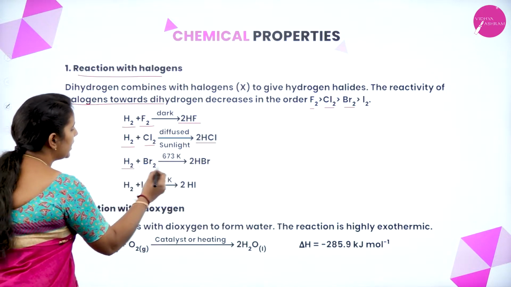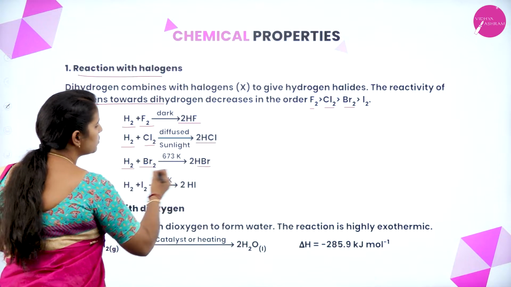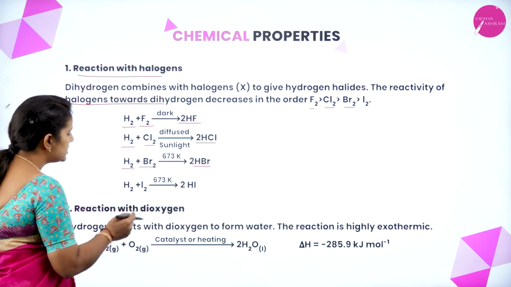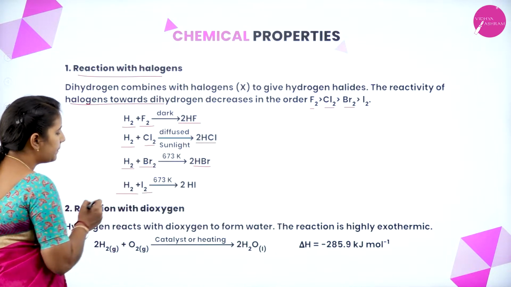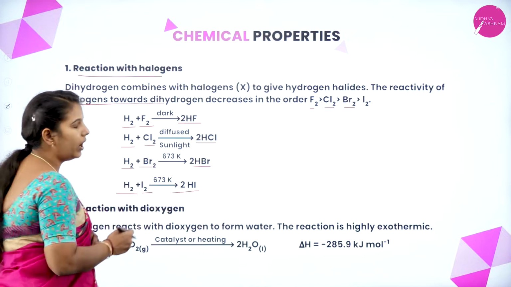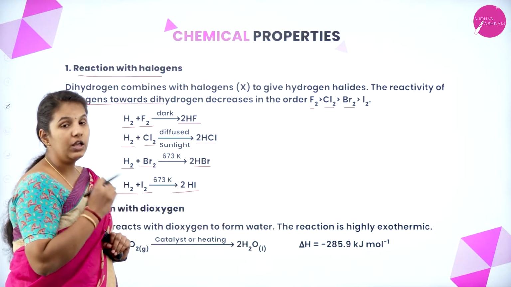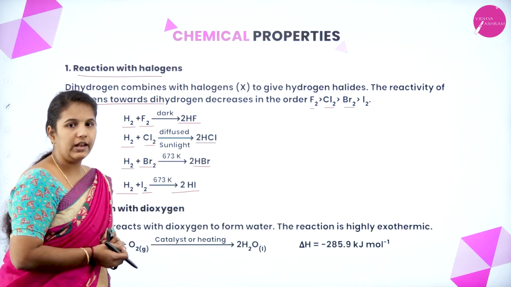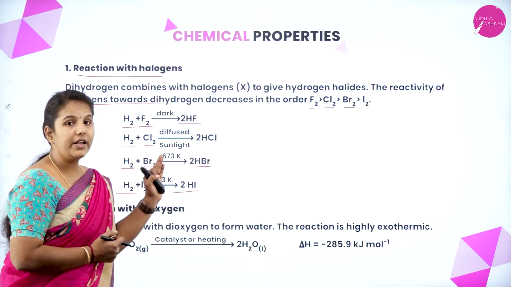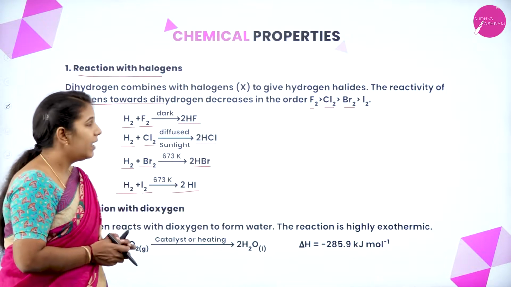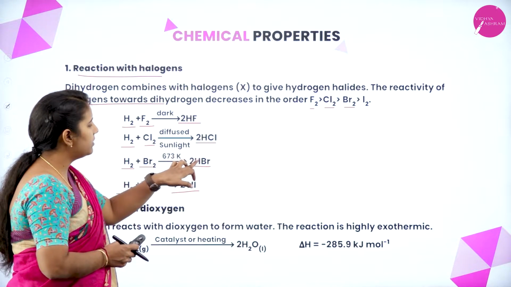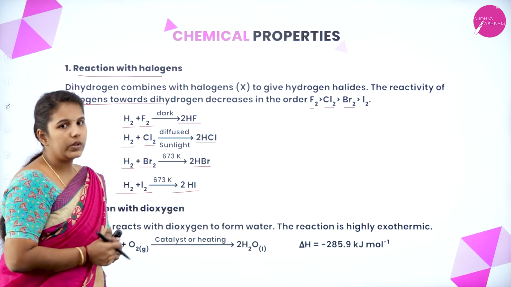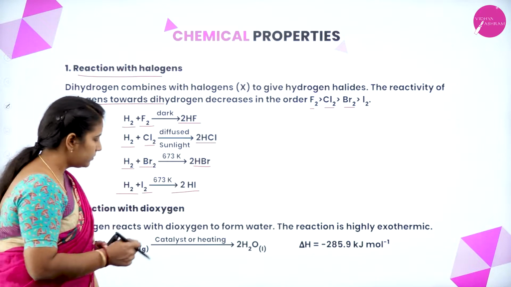When hydrogen combines with bromine, it forms 2HBr, that is hydrogen bromide. When dihydrogen combines with iodine, it forms hydrogen iodide. You can see that when hydrogen reacts with the halogens, hydrogen halides are formed, and these are in decreasing order of their reactivity with hydrogen.